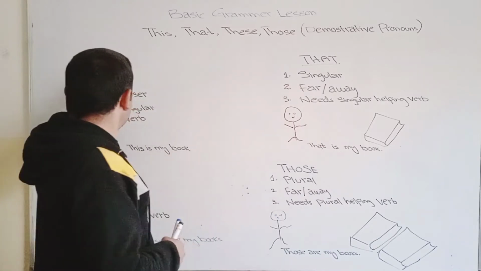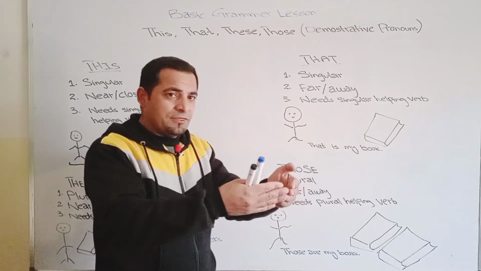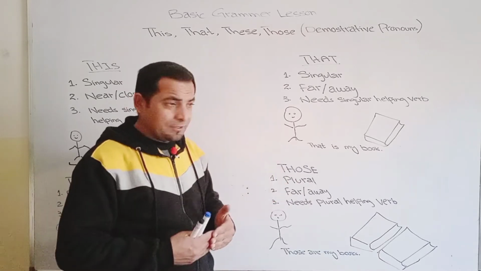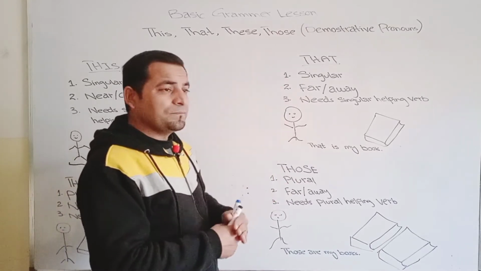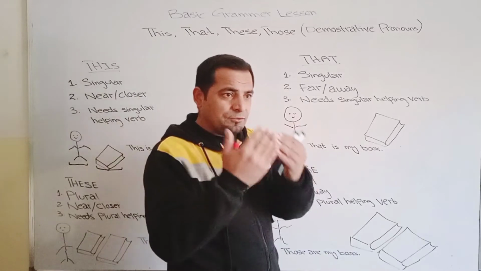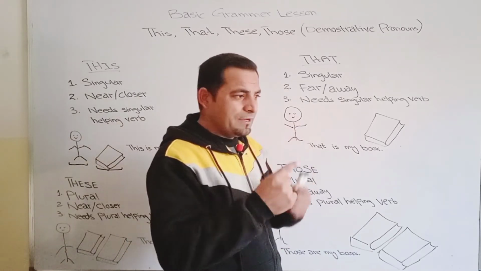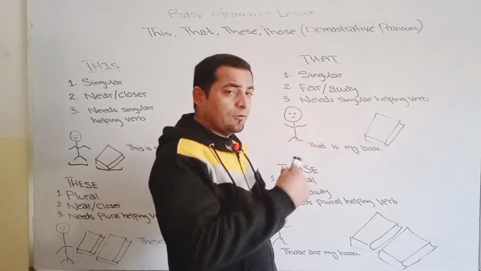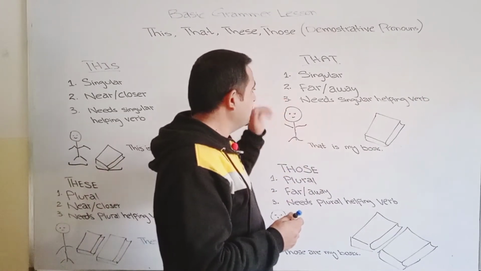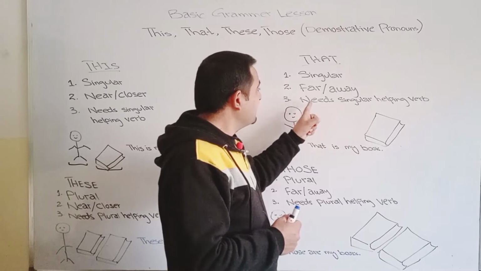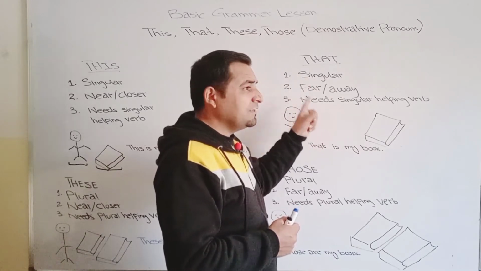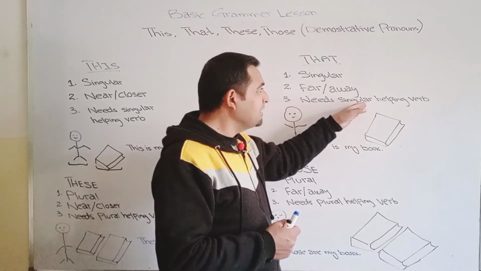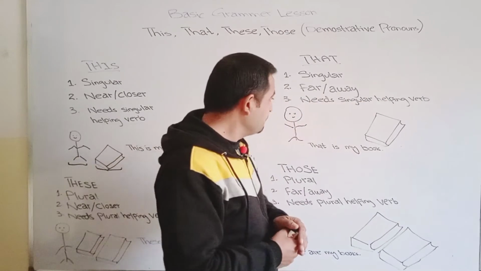Remember, in this, we refer to things that are near to us or closer to us. Now, in that, the object or the thing could be singular, but is away from us, right? Is far from us. And the third thing we need to know is that when that is used as a subject, it needs a singular helping verb, right?